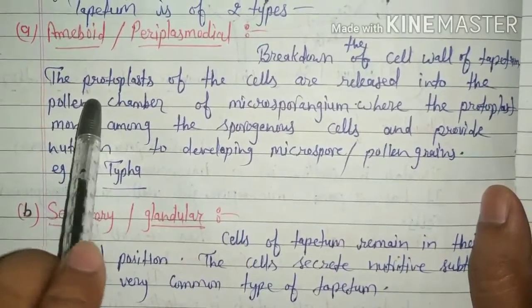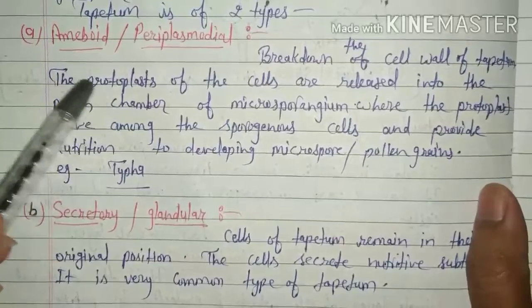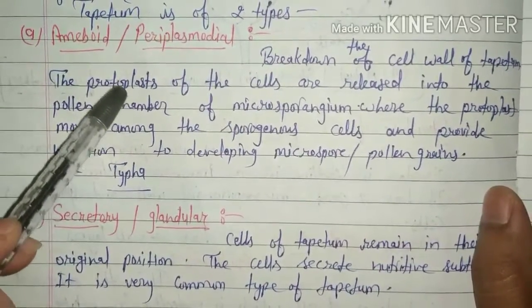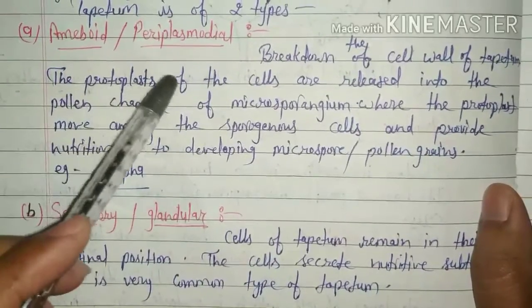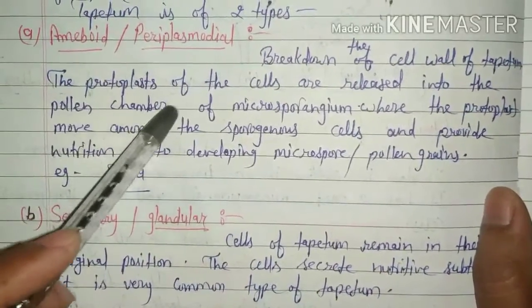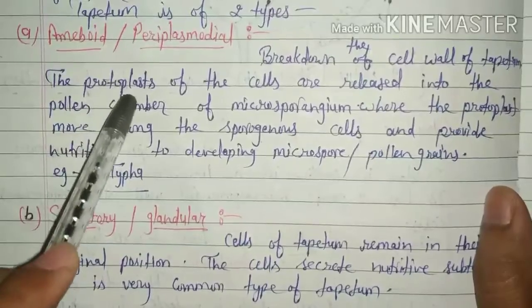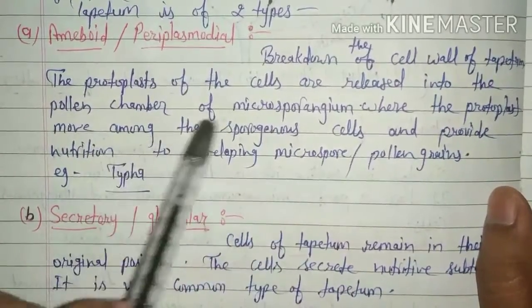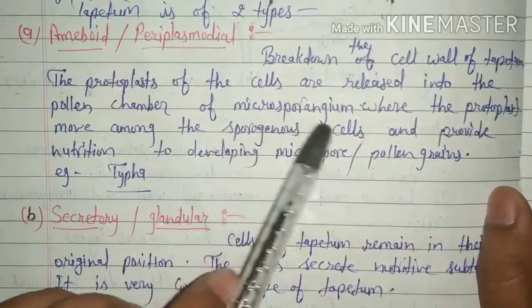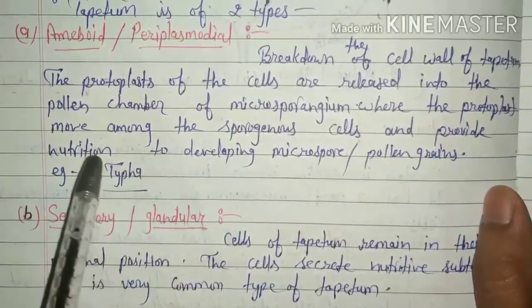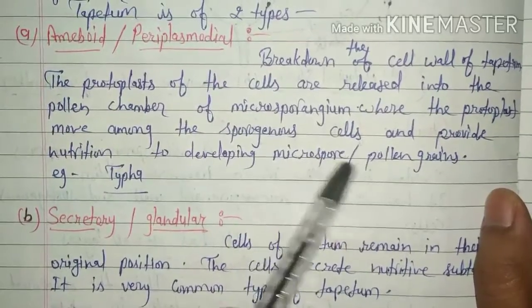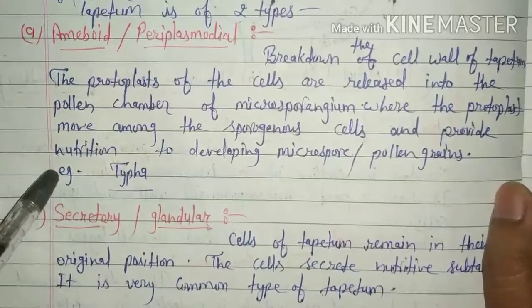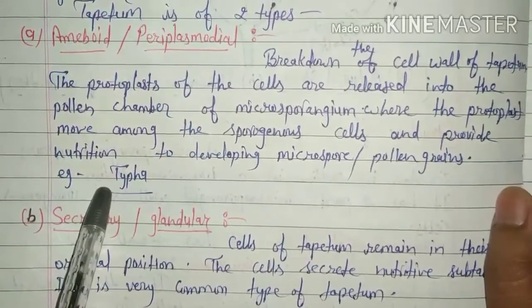Protoplast means a plant cell with the cell wall removed, leaving the remaining cell membrane part. The protoplasts move among the sporogenous tissue and provide nutrition to developing microspores or pollen grains. This type of tapetum is found in Typha.